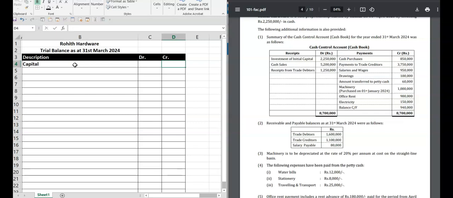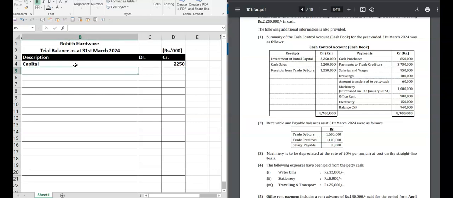It is better to work in thousands, and you have to mention here that all are in rupees and thousands. It's very easy to work, so always try to work in this way, right? So capital is 2.25 million, so it is 2,250. That is the capital you have to put.